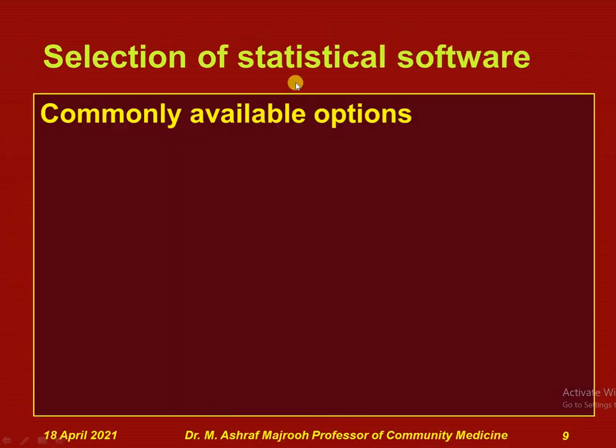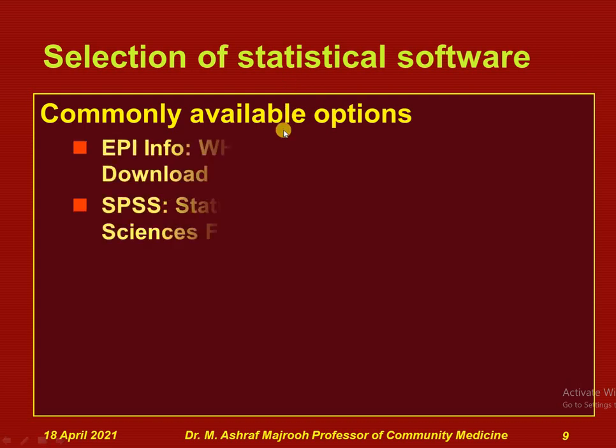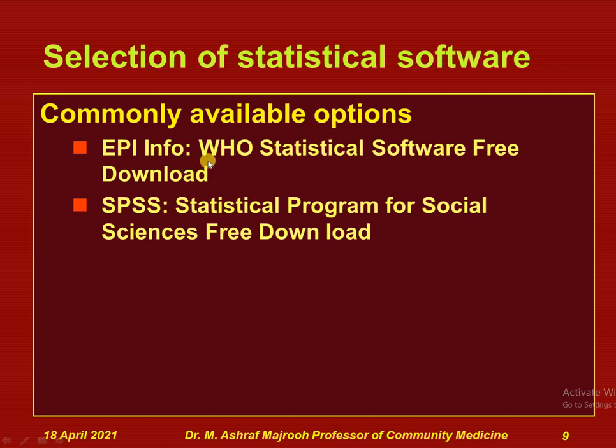Now, selection of statistical software. This is a very important step in data processing. Commonly available options are Epi Info. This is the WHO statistical software, and it is a free download, and it is commonly used for analysis.